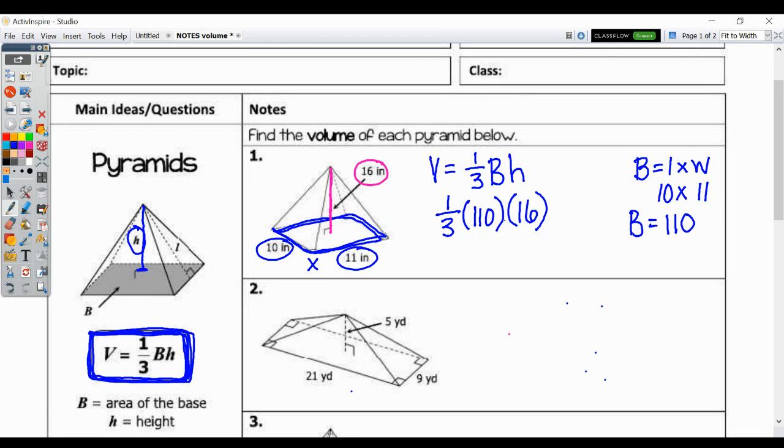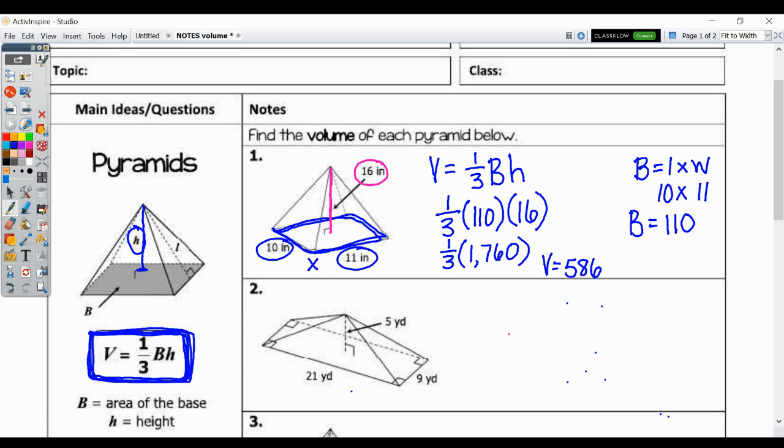So if I multiply 110 times 16, and I'm just going to bring down my 1/3, I get 1,760. So if I take this 1,760, I can just divide that by 3, and it will give me 586.